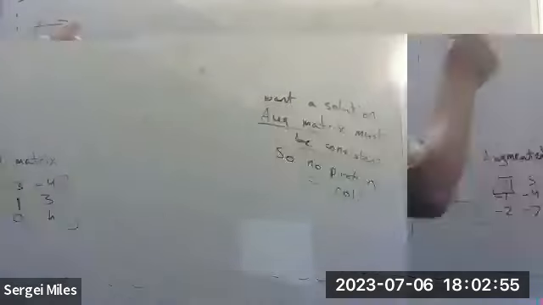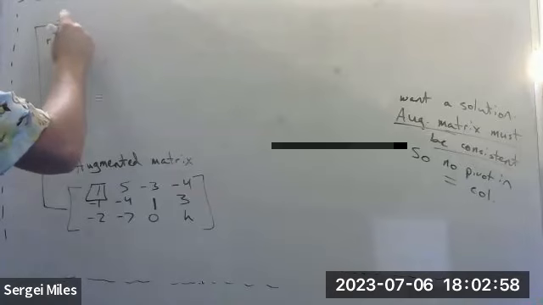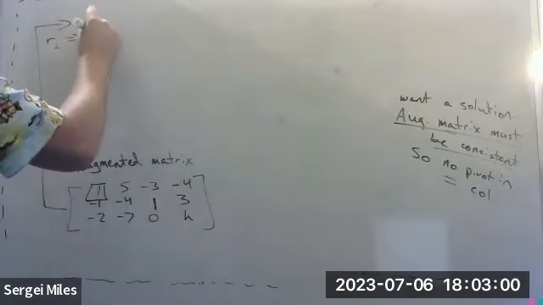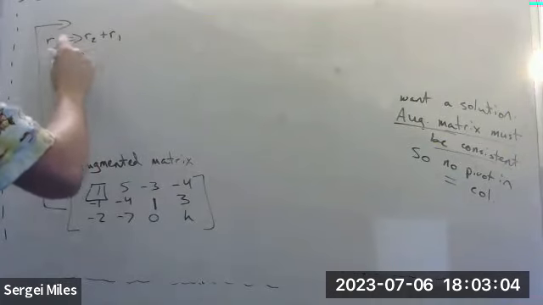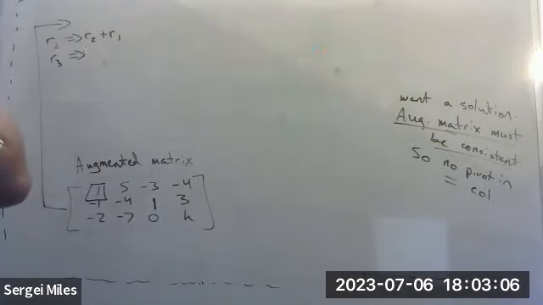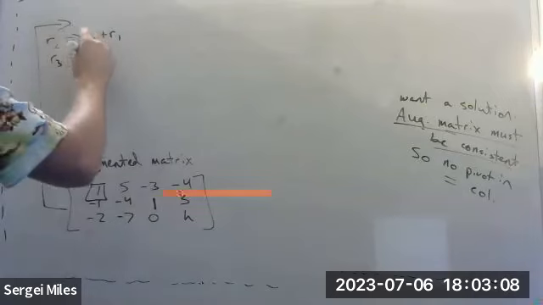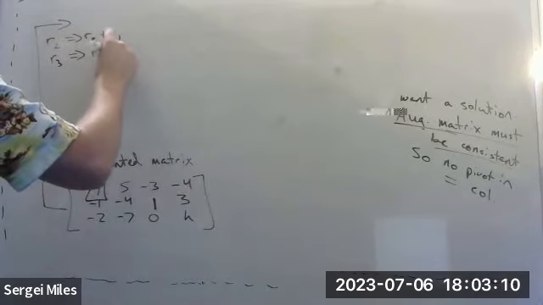Right. So row 2, I still want to modify by adding row 1 to it. And row 3, I still want to modify by adding 2 times row 1.